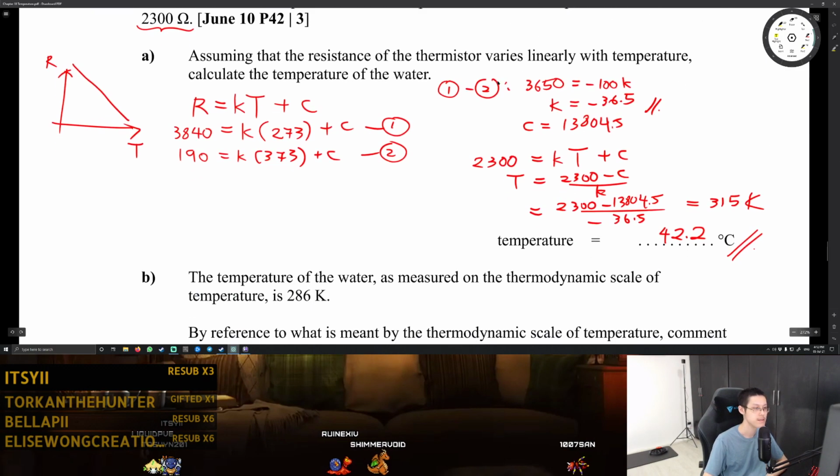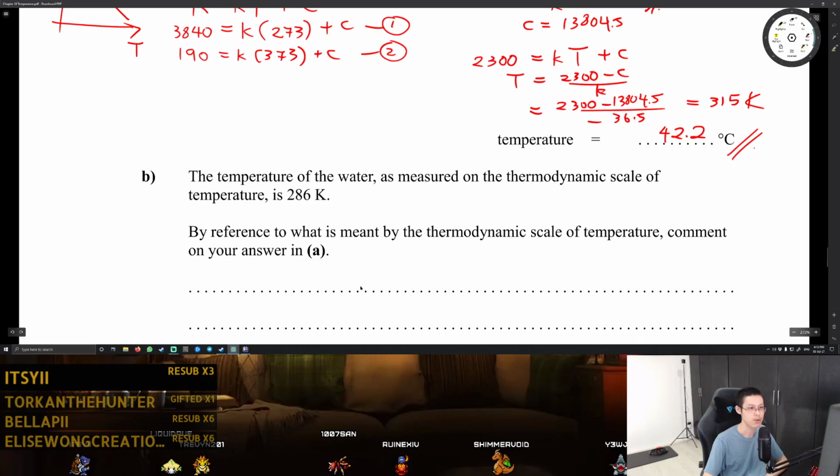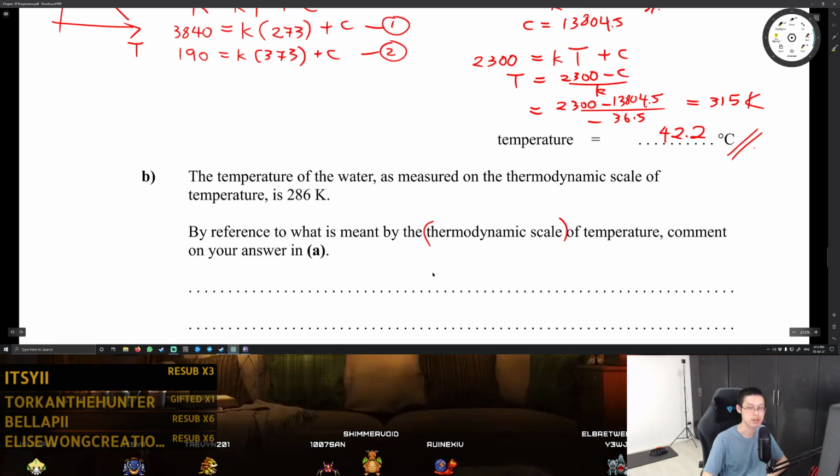Okay. Moving on. The temperature of the water as measured on the thermodynamic scale of temperature is 286. What is meant by the thermodynamic scale of temperature? And comment on your answer in A. Alright, so again, this is what we've just done. The thermodynamic scale just means the scale that is independent of the physical property of the object.